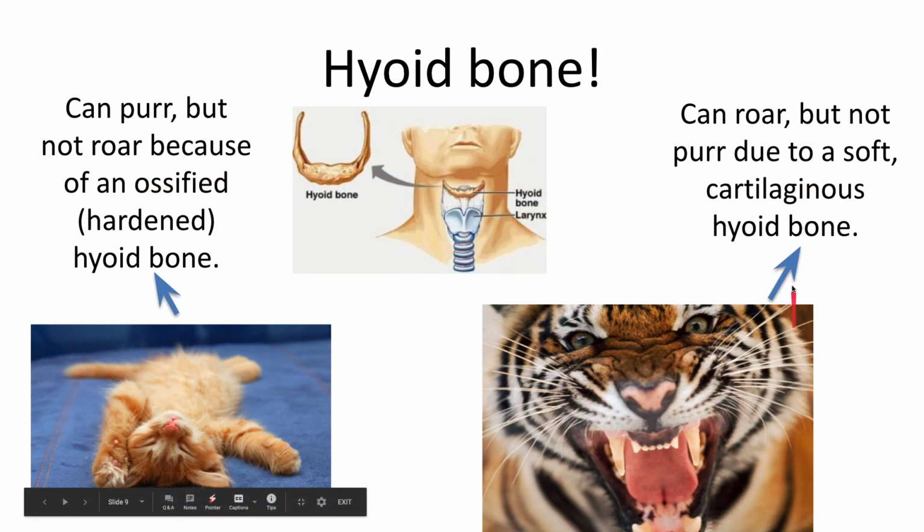So that simple difference in one being ossified or another leads to different resonance of the two different bones. That leads to very different vocal messages that get sent. One is cute and cuddly, and one is I want to eat you.